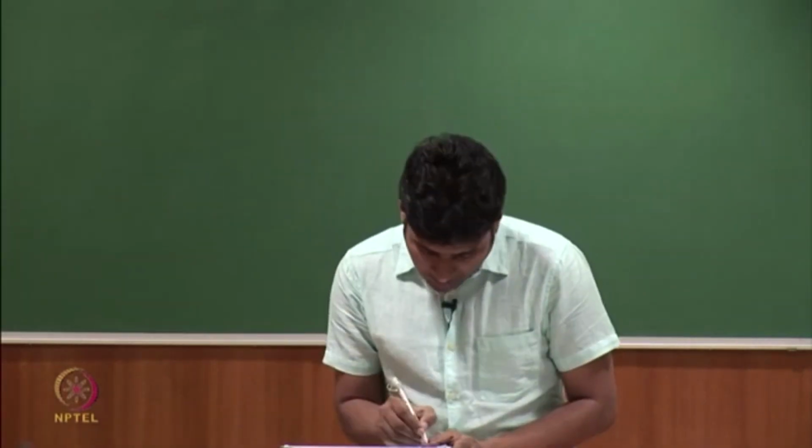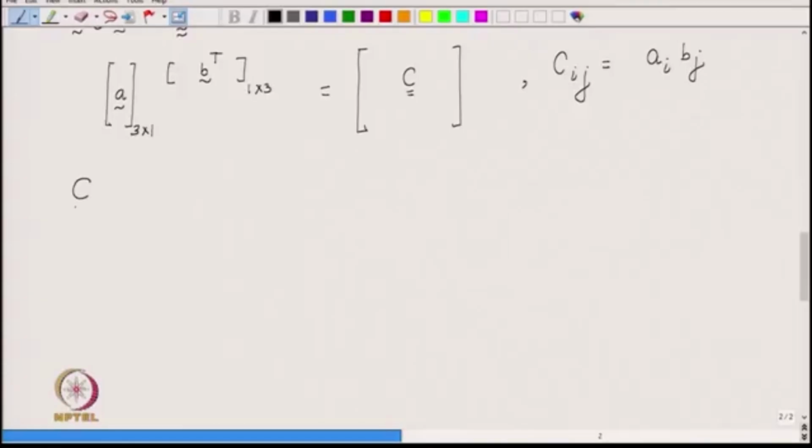We can also see that C was A tensor product B. Now, why do not I expand A as summation over i, A i e i, the vector A, tensor product with the vector B, that is summation over j B j e j.